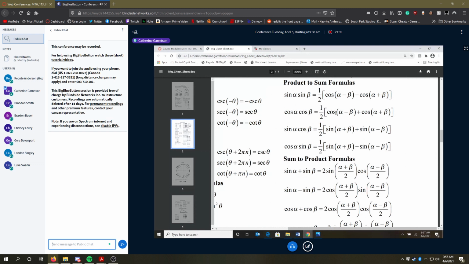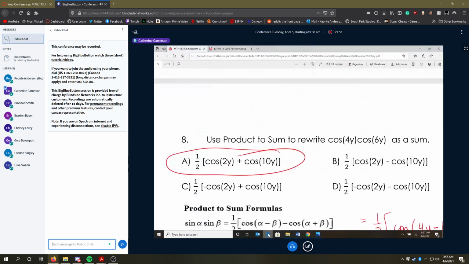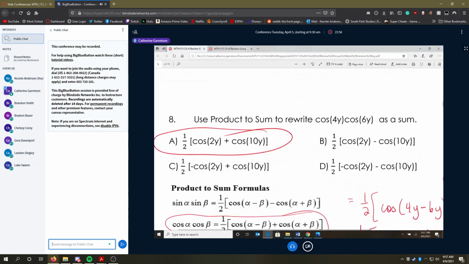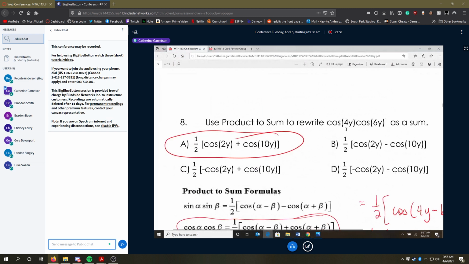So it says I'm going to take the two angles in order, and I first am going to subtract them. And then on the second one, I'm going to add them, and then I'll have a plus sign in the middle. Okay, so it says for the first one, we're going to subtract them. So 4y subtract 6y is a negative 2y.